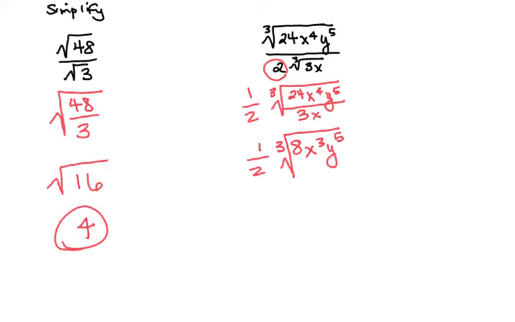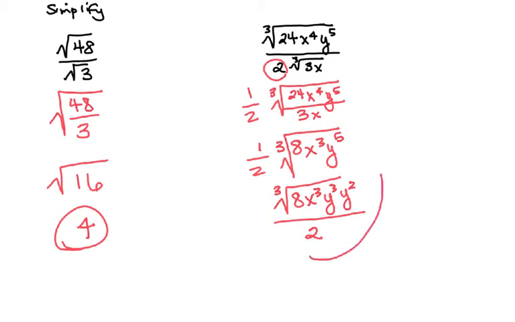So now we can write this as the cube root of 8, which is a perfect cube, it's 2 cubed; x cubed, which is a perfect cube; and y cubed times y squared. Y cubed is a perfect cube, y squared is not. And we can put that 2 back in the denominator where it's not going to bother us anymore. So the cube root of 8 is 2.